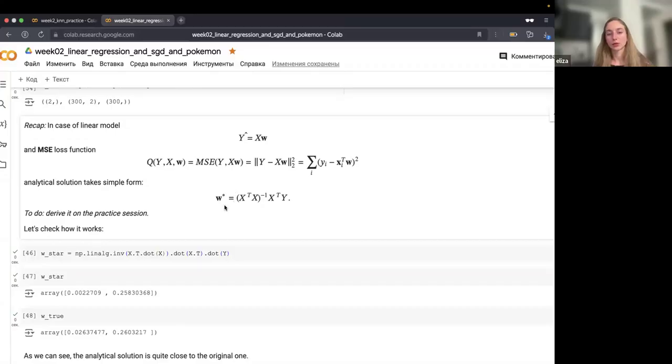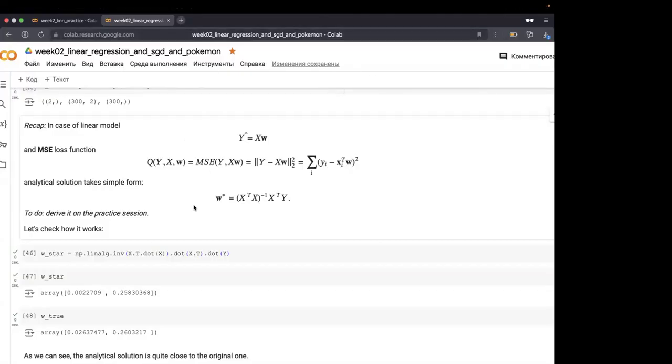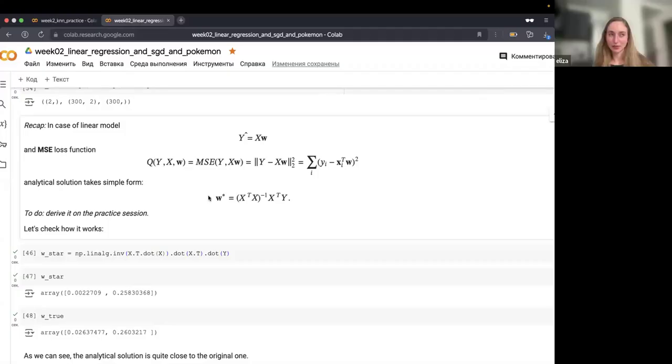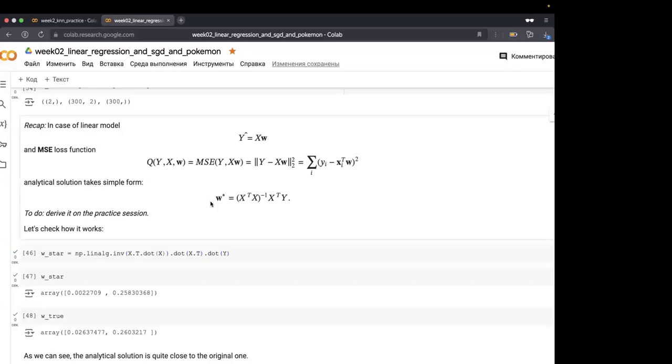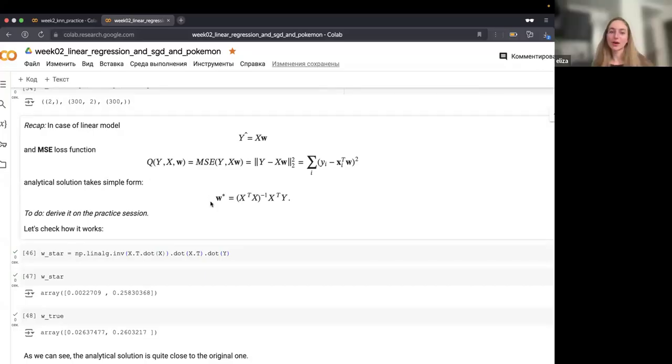Why could it be bad? The inverse might not exist. Is the matrix square? Repeat, please. Is the matrix square? Yes.